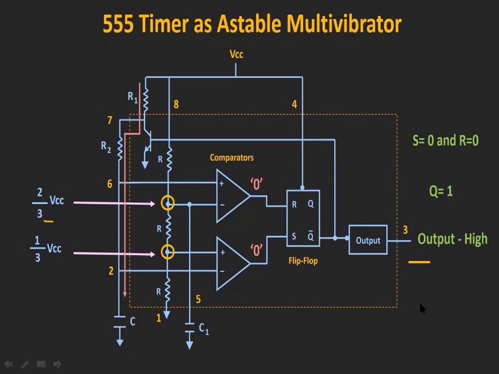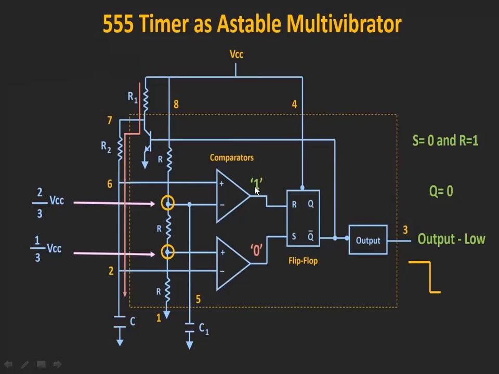So next, what happens? After that, the capacitor is going to acquire charge. Whenever the voltage at this pin number 6 is greater than the voltage at the inverting terminal of the upper comparator, the upper comparator output is going to change from 0 to 1.